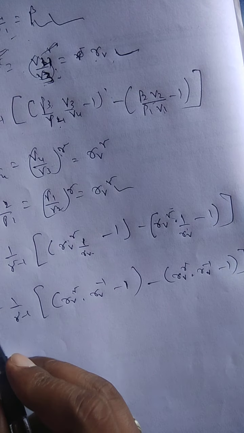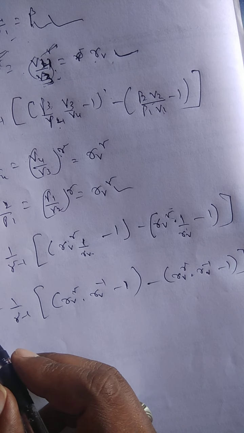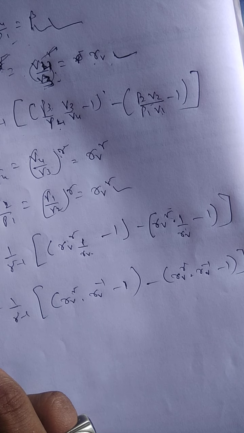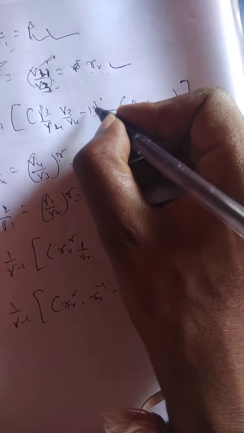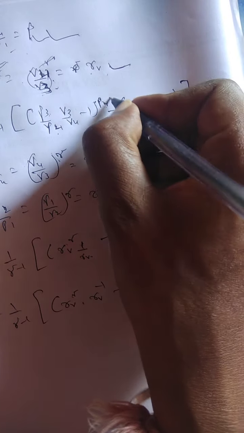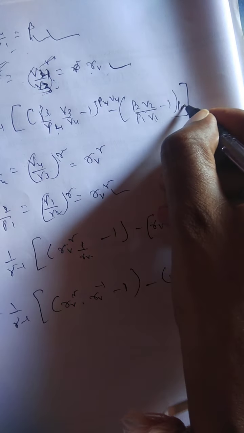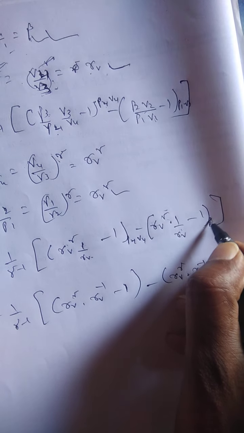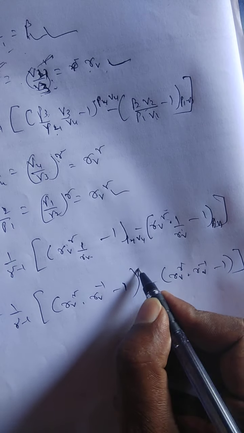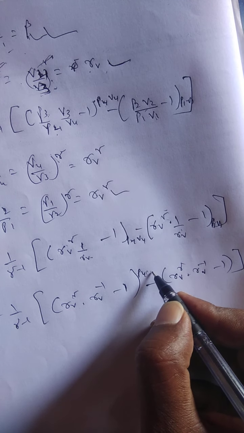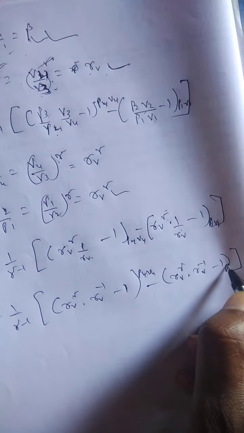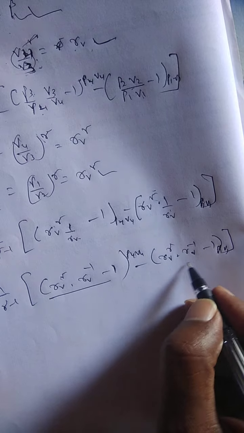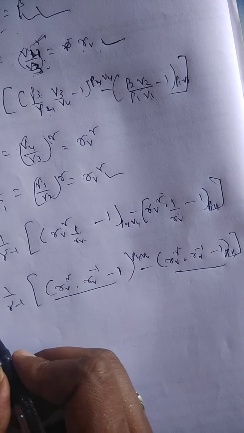Okay. After this, actually I have made a small mistake here. If you take P4 V4 common, here we will have P4 V4 remaining, and P1 V1 will be remaining here. Similarly P4 V4 and P1 V1 terms will be remaining, and you can see these two terms are the same, so we can take them common.